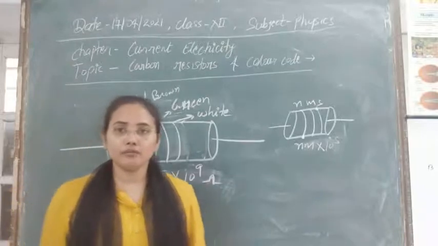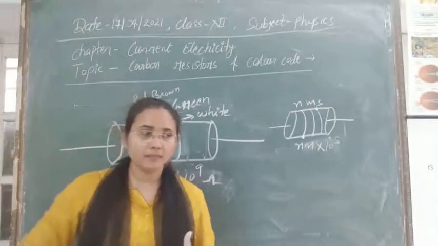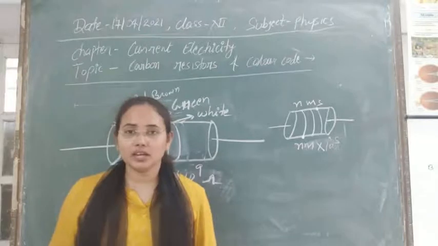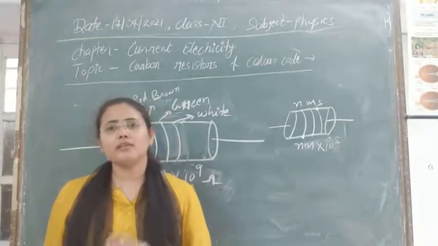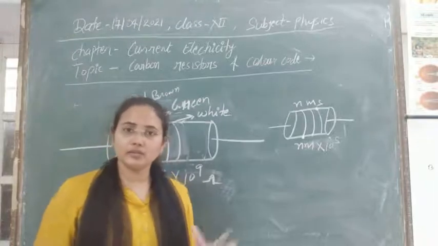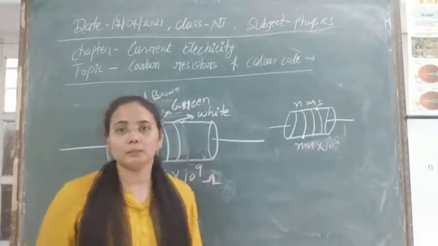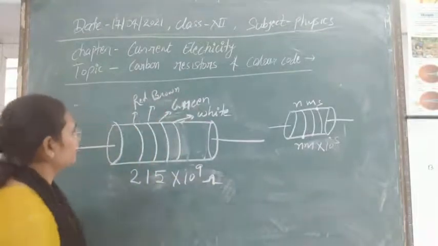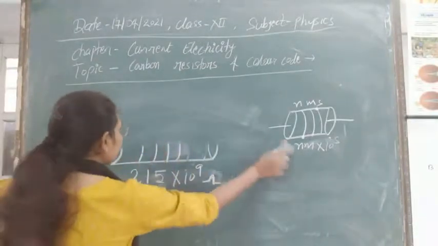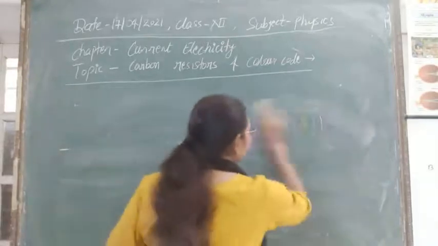So if we have to make a resistor of small resistance, then we use colors according to that. And if we have made a resistor of large value, we can use the colors according to the number and multiplier there.